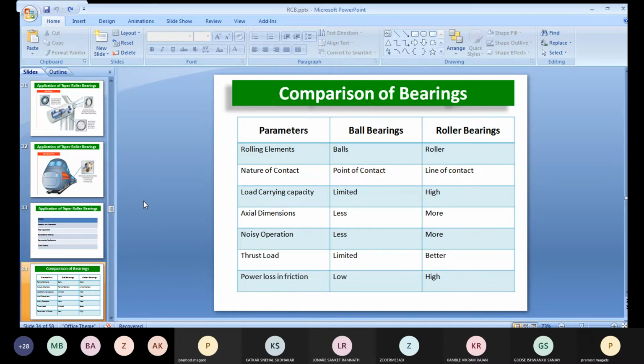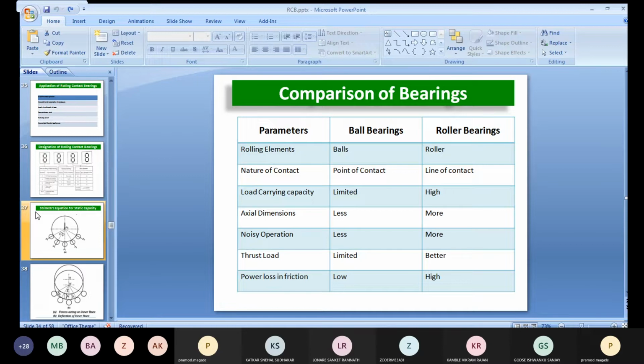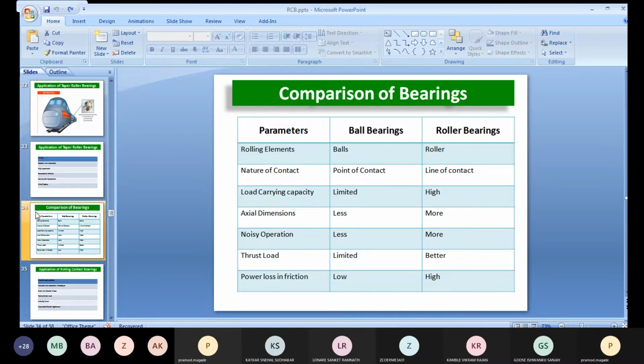Very logically speaking, it is very simple while making the difference between ball bearing and roller bearing. So write down comparison between ball bearing and roller bearing. We'll write the points. Comparison between ball bearing and roller bearing.